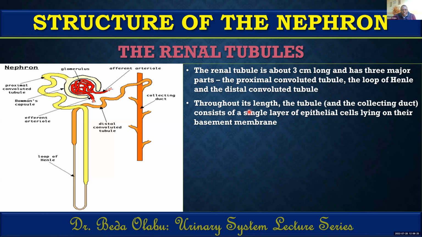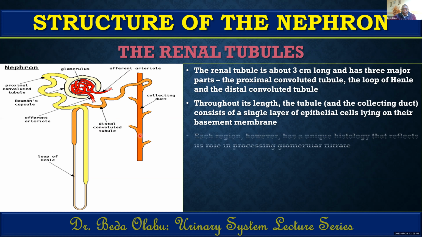Now, throughout its length, the tubule, together with the collecting ducts, is just made up of a single layer of epithelial cells that lie on a basement membrane. So the whole of the tubule is just one layer of epithelial cells. And that is why we are saying that the parenchyma consists of the epithelia of the nephron, just a single layer of epithelial cells, whether we're talking about the renal tubule or the collecting duct.